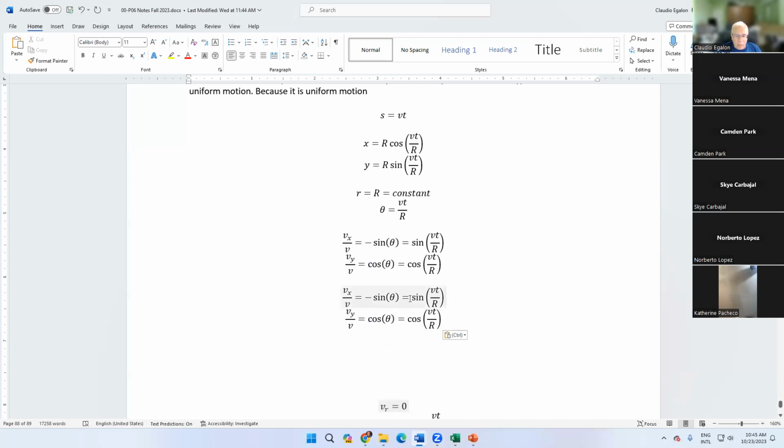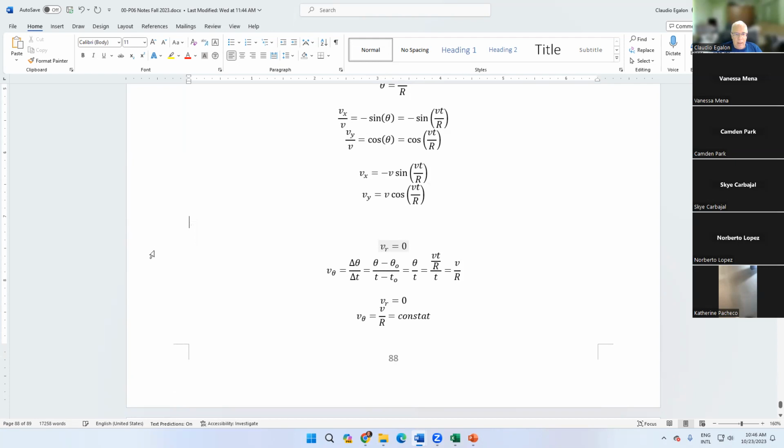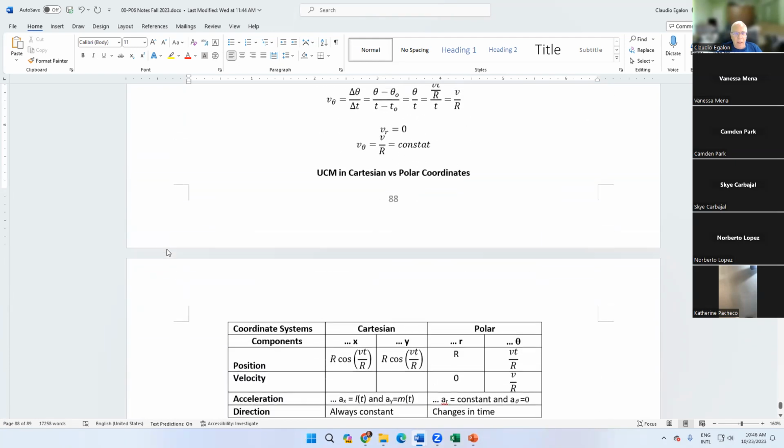Okay, so we gotta carry this negative sign here, right? We get that: Vx, Vy, V. That's exactly what I'm supposed to get. I did the r and theta coordinates because they were easier, right?